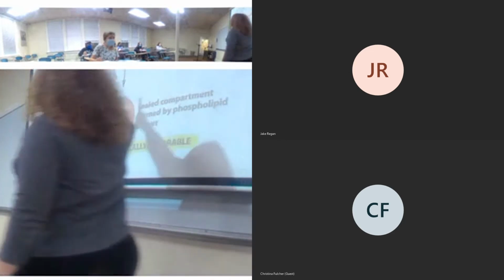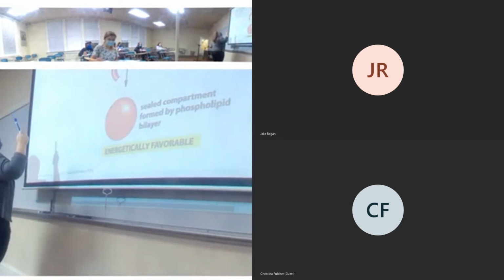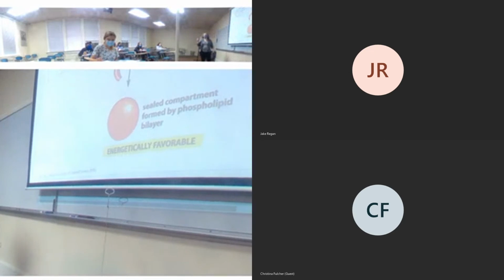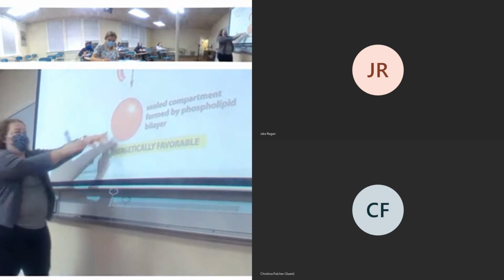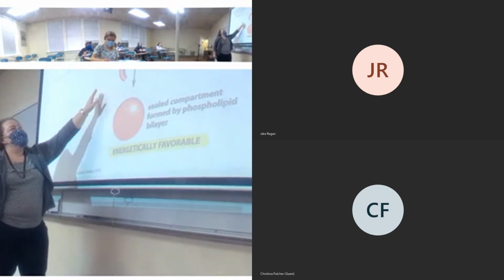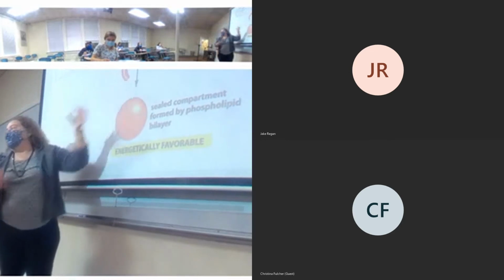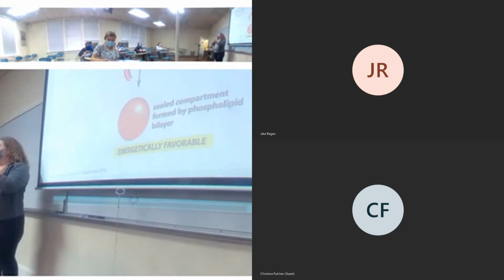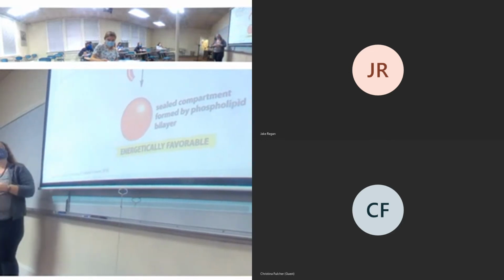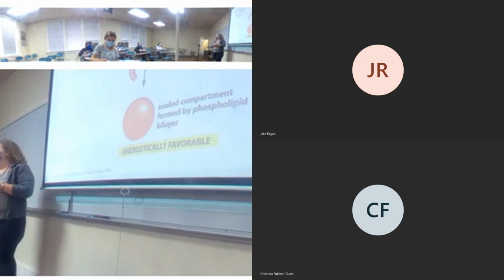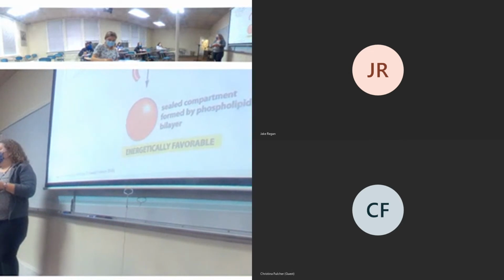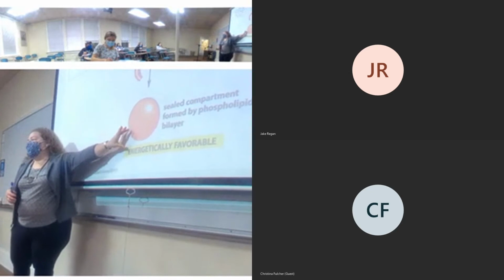And if the plasma membrane rips or gets disrupted in some way, it will automatically try to reform this sphere. It will automatically try to self-seal without the cell having to do work to do that.